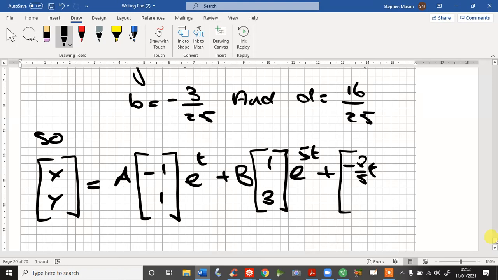That -8/5 was the a, which we found, minus the b value, 3/25. Then if a was -8/5 and b was -3/25, then c is 11/25.